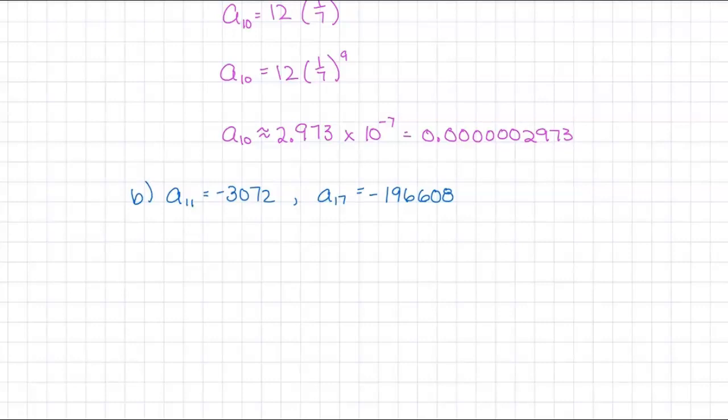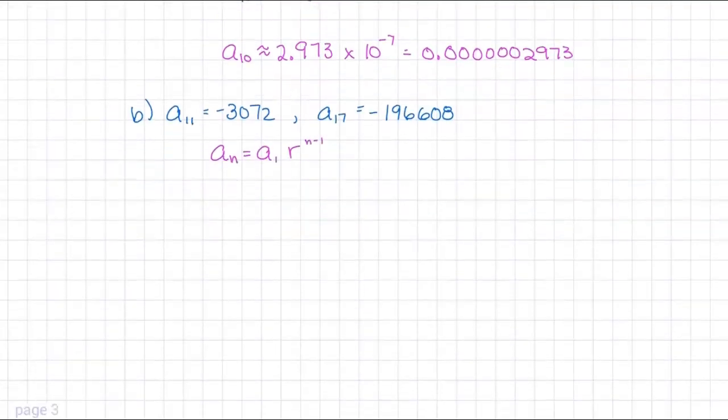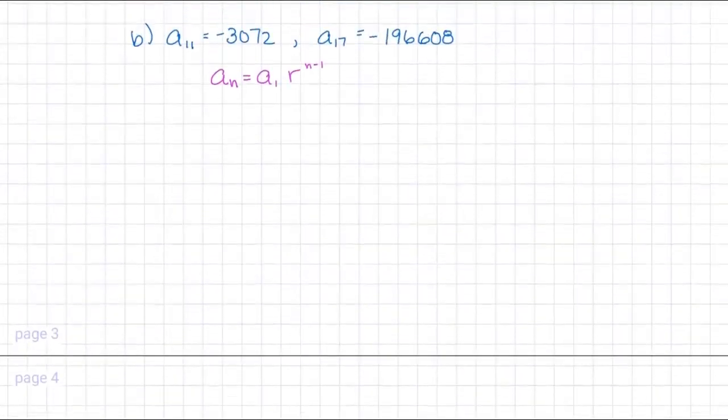We want to find a formula for a sub n. Remember, we're using this formula right here. So how are we going to find a sub 1 and r given this stuff?